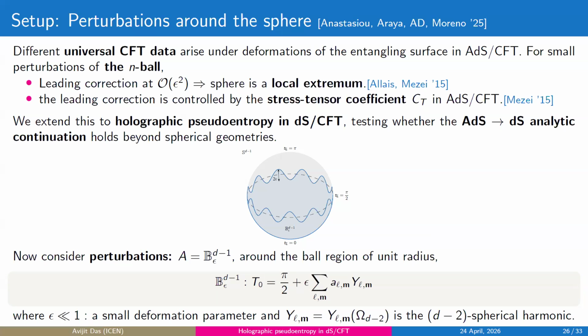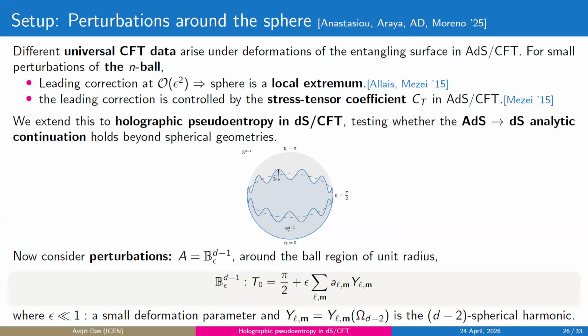The leading order correction is controlled by the coefficient of the 2-point function of the stress tensor, which is also a kind of central charge, a quantum field theoretic quantity of the CFT. So that's why it is very important to understand the shape deformation of a spherical subregion.